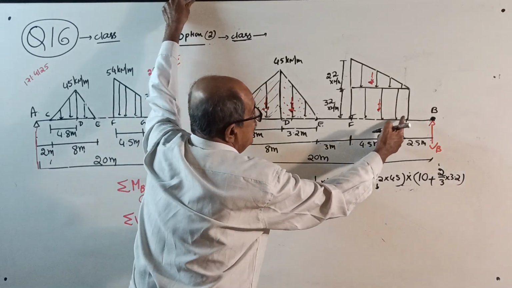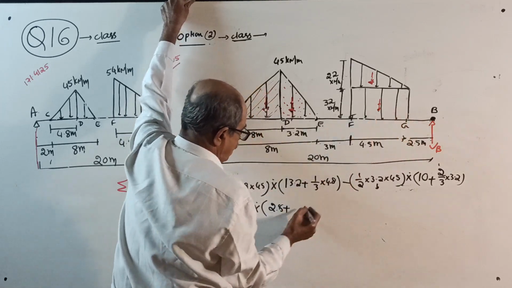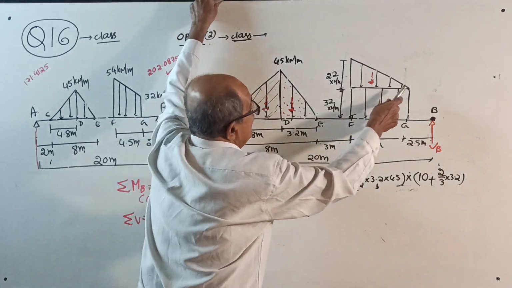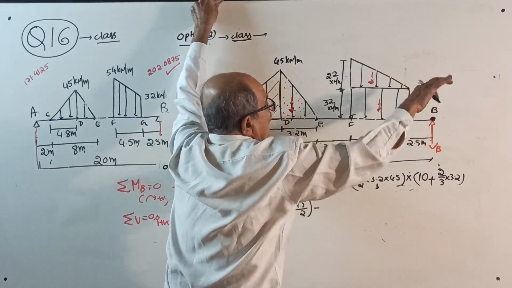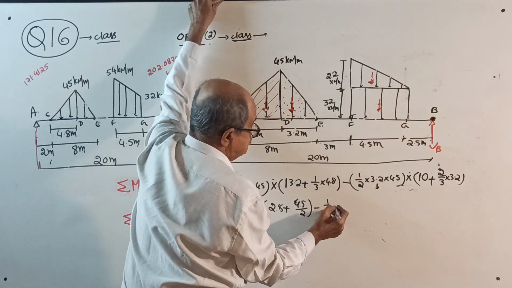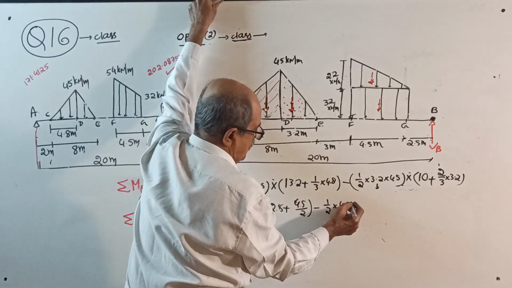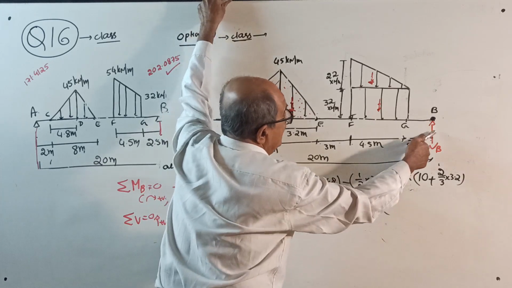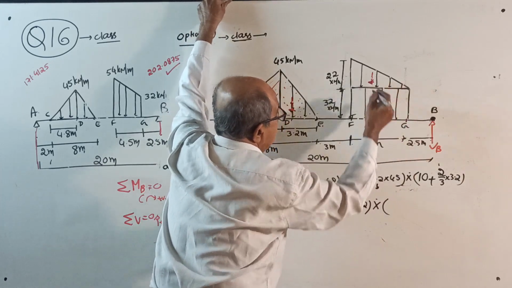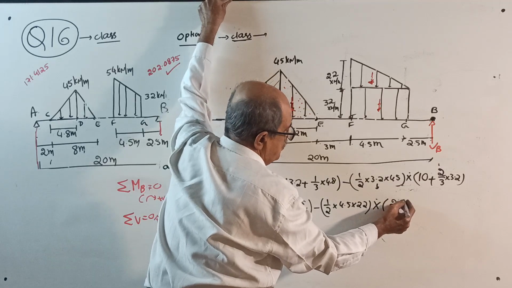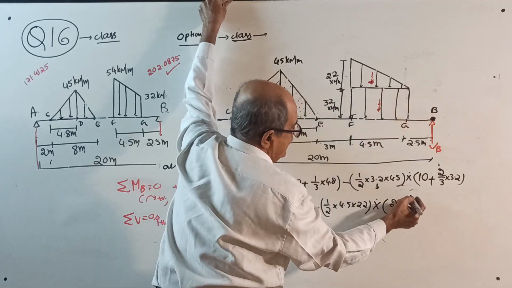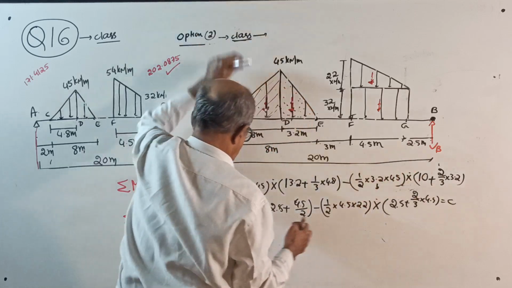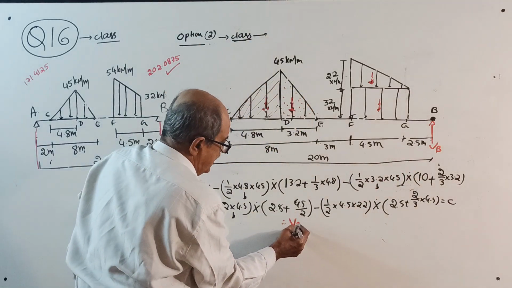Again minus moment of the triangle, anti-clockwise about B. Half into 4.5 into 22 is the total load, multiplied by from here to this line: 2.5 plus, from here to here, 2 by 3 of 4.5, equal to 0. You will first get the value of VA now.